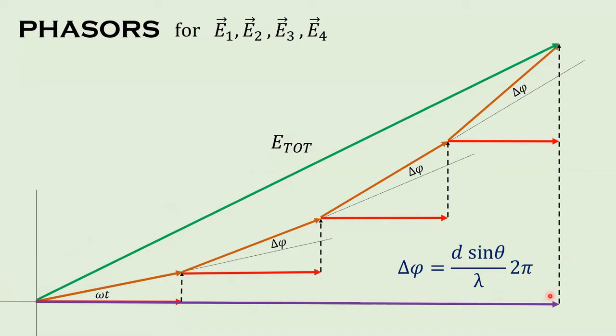Now, you have to imagine this green phasor rotating around and around, and you see that the greatest length ever attained by the purple projection will be the green length, right? Look at this overall phase. Look at the angle that E total makes with the horizontal axis. When that angle goes to zero, as you imagine this rotating around, when the green arrow is parallel to the horizontal axis, then its purple projection will be equal in magnitude to the green arrow.